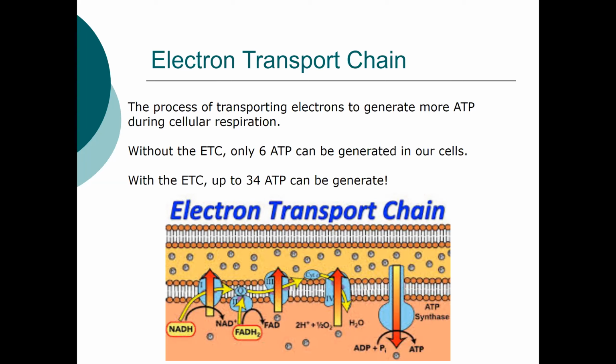Without the electron transport chain, only 6 ATP can be generated in our cells. With the electron transport chain, up to 34 adenosine triphosphates can be generated. Okay, so this is what we use to power the body. And that actually concludes the basics of Patho.